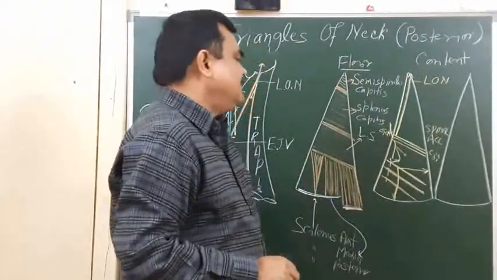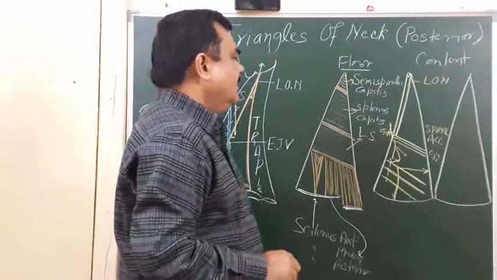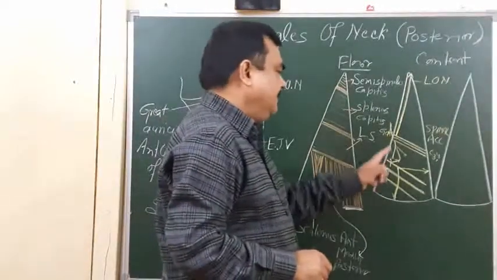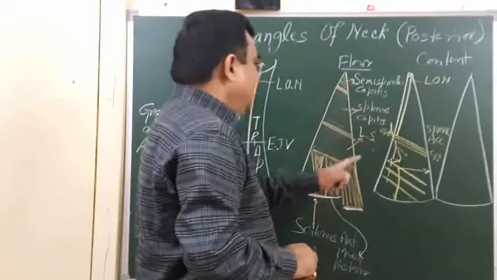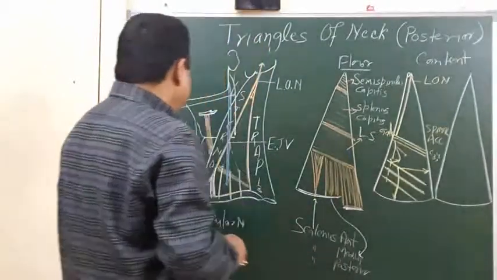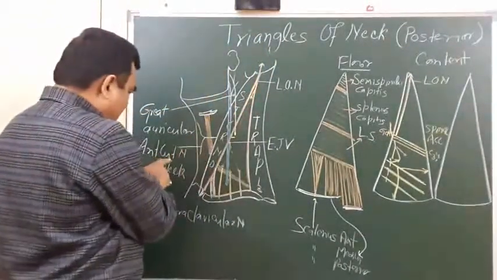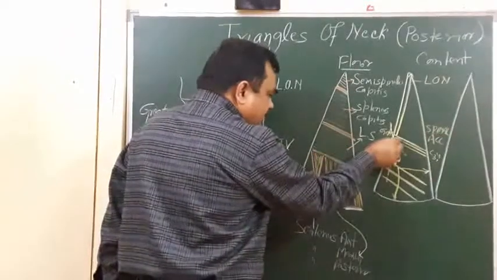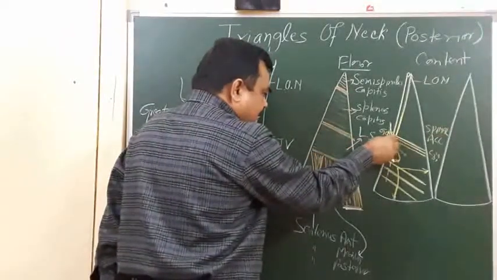So these nerves lie in the posterior triangle of the neck. Here the anterior cutaneous nerve also arises from this. Some part of the anterior cutaneous nerve lies here.